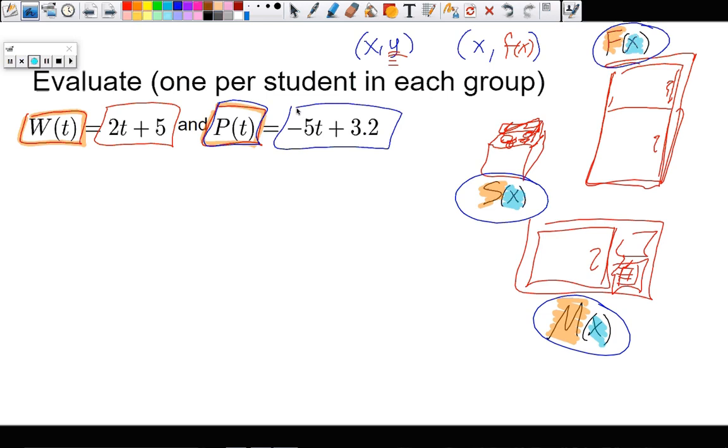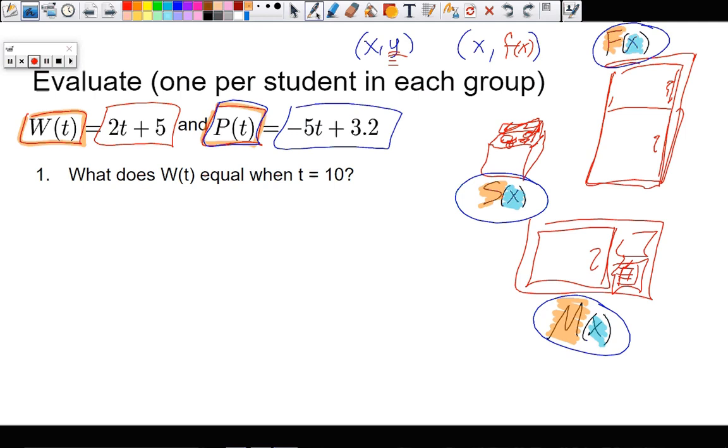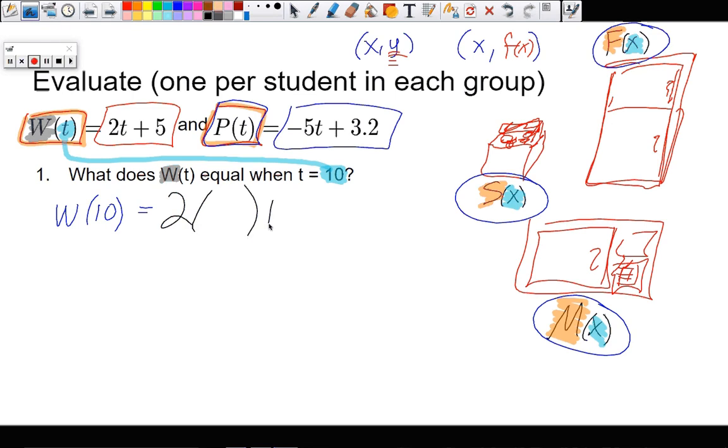So now, what does w of t equal when t is 10? You're going to identify which function we're talking about first, and we're going to enter the value of 10 for t. So the value at 10 on the w function will equal, if I plug in a 10 where I see that input t value, 2 times 10 is 20.